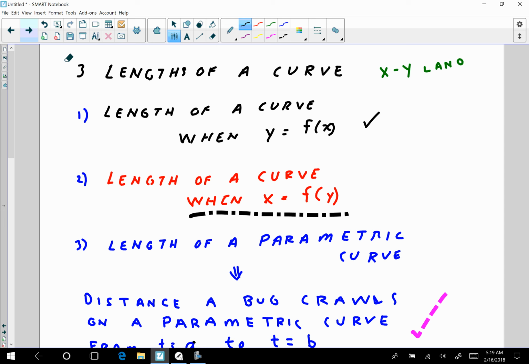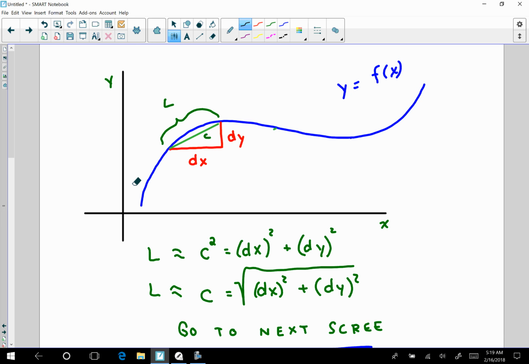So let's go to the slide and look here. The blue curve is a portion of a function where y is a function of x. I'm going to look at a tiny segment from this point to this point. I'm going to call that segment c. And I'm going to look at this horizontal distance, which I'll call dx, and this vertical distance, dy, because you should know where we're going with this.